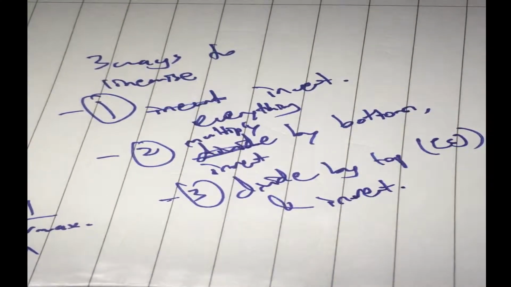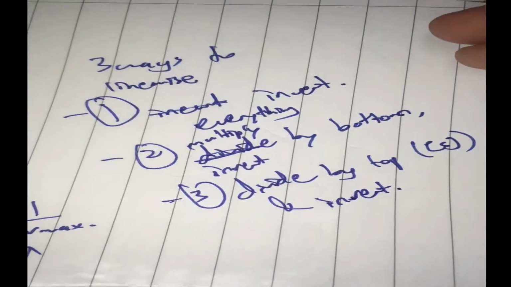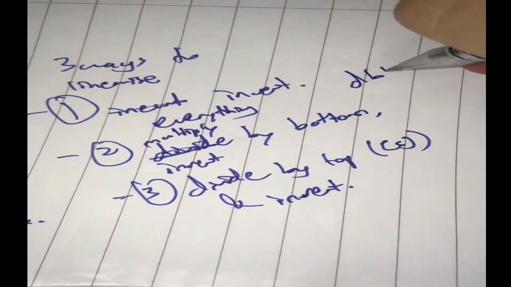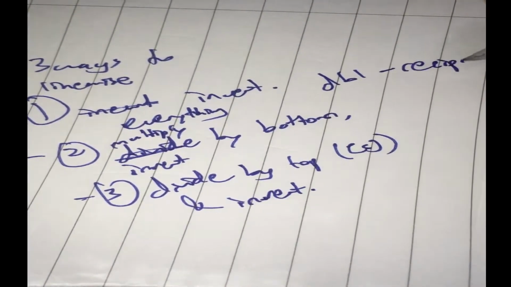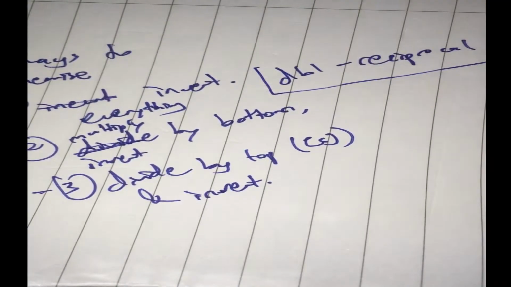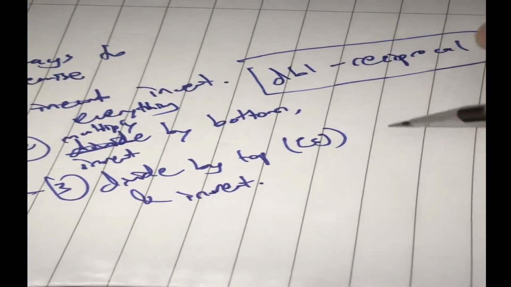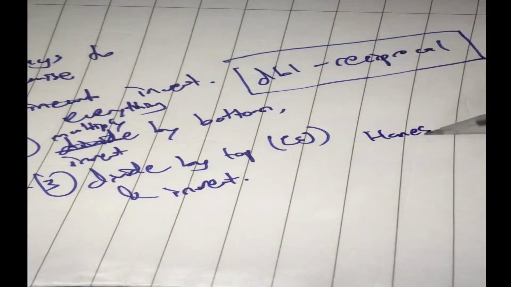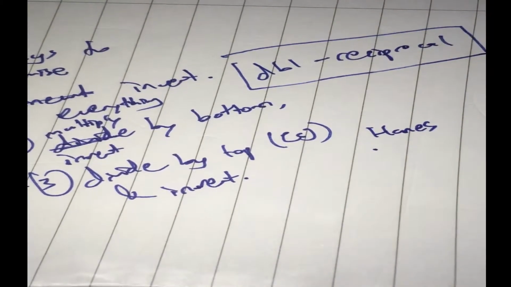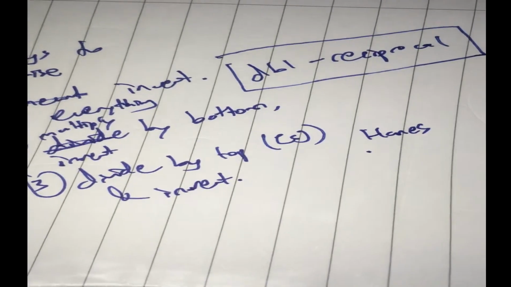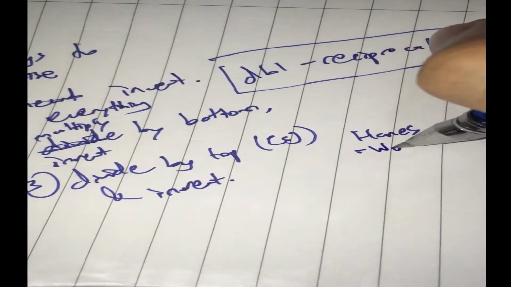Each of these has special names. This one is the double reciprocal plot. The last one is called the Hanes-Woolf plot.